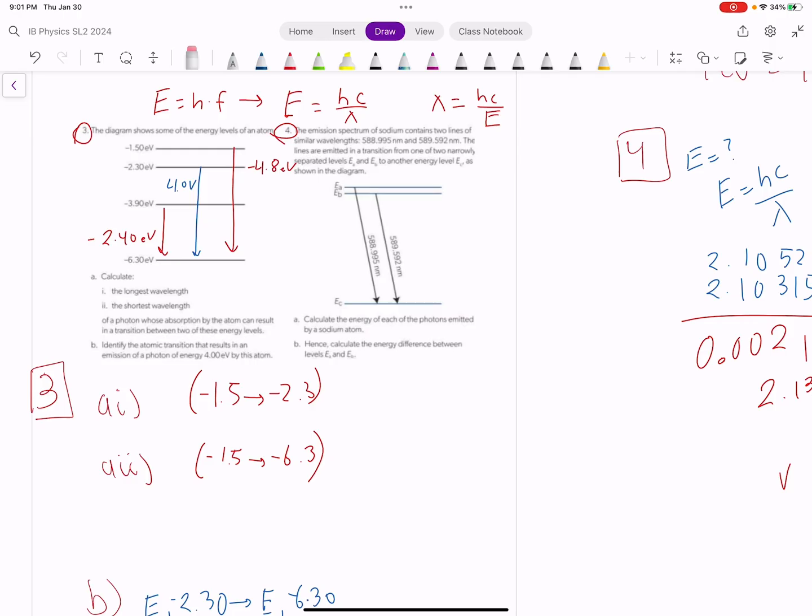It's important that you understand that the energy levels of an atom here are showing that the bottom level is the most negative number, and then as an electron absorbs energy, it goes up levels, and so that would be absorbing energy from a photon, so absorbing light.